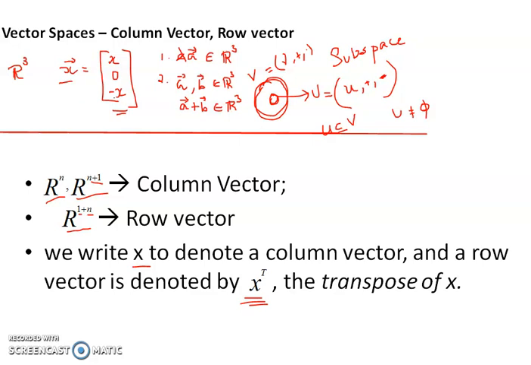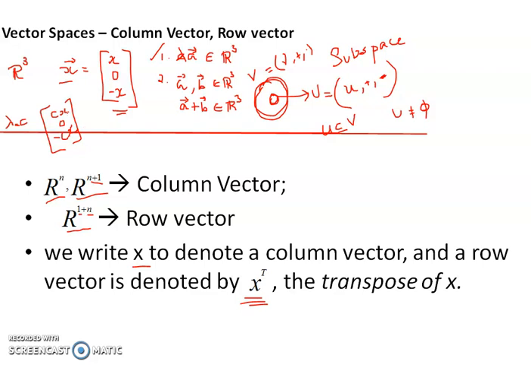Considering this example, the vector x with elements x, 0, minus x. First, we need to check the scalar multiplication. If I take lambda as c, the vector formed after scalar multiplication will be cx, 0, and minus cx.